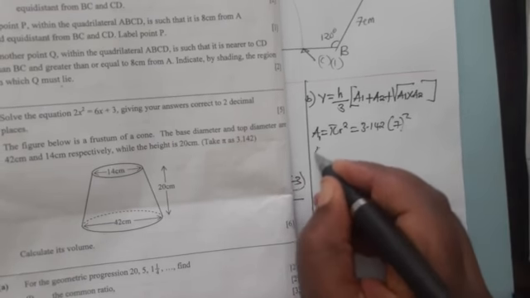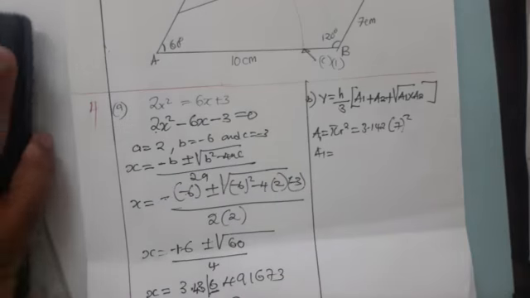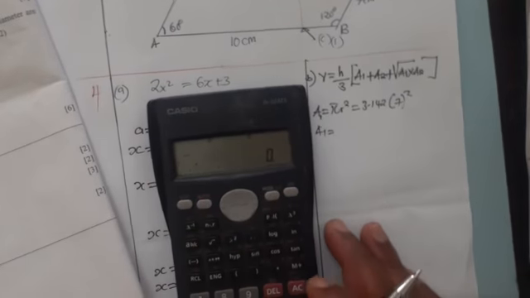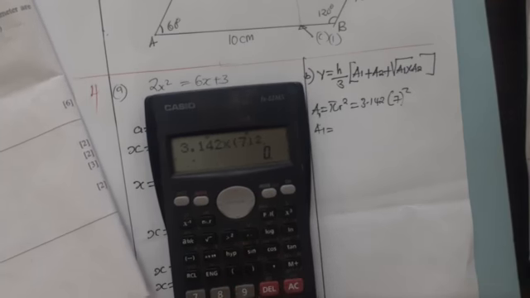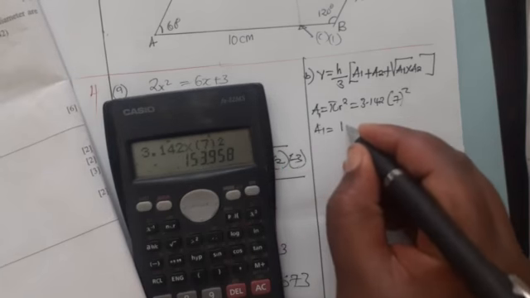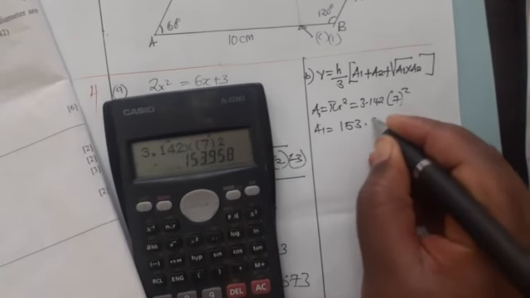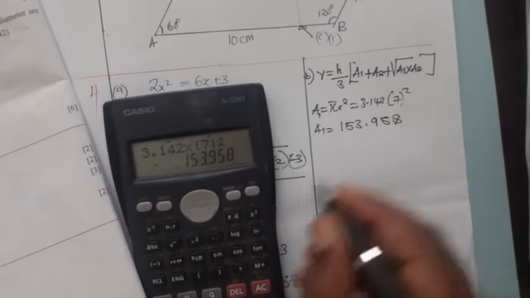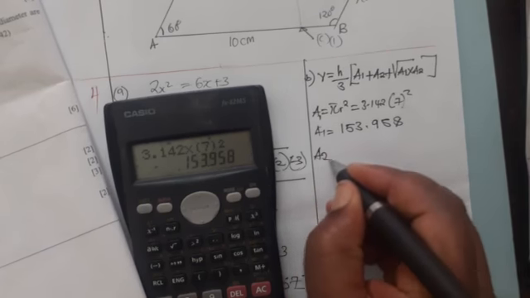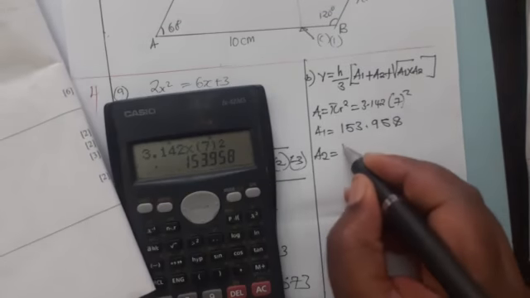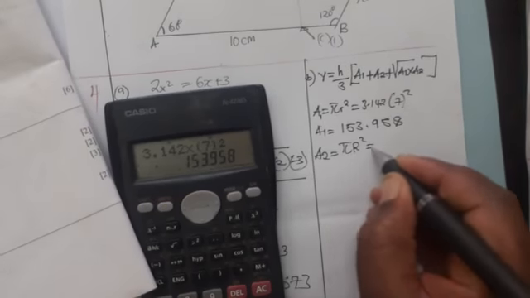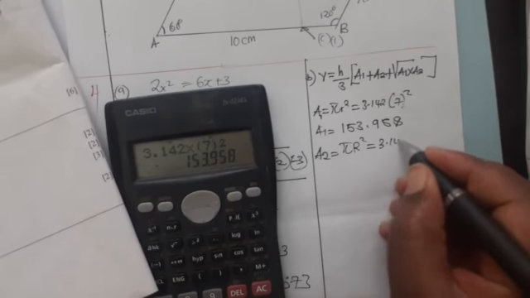So A1 is equal to, get your calculator and say 3.142 times, open bracket, 7 to the power 2. What do we get? 153.958. Then we get A2. The bottom part again is a circle, so it is pi r squared. Pi 3.142.